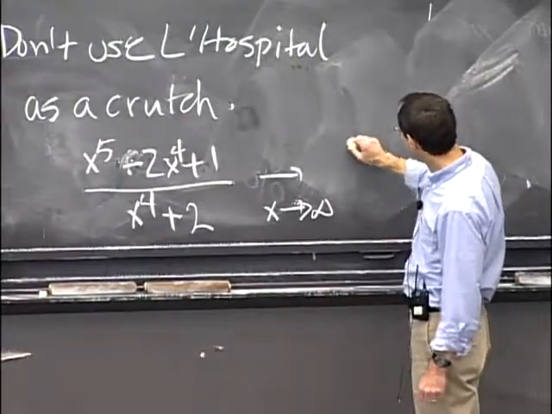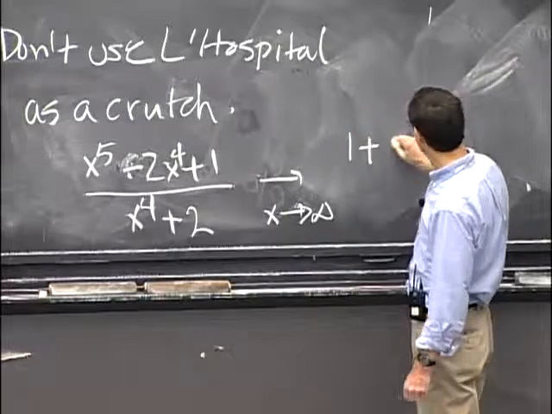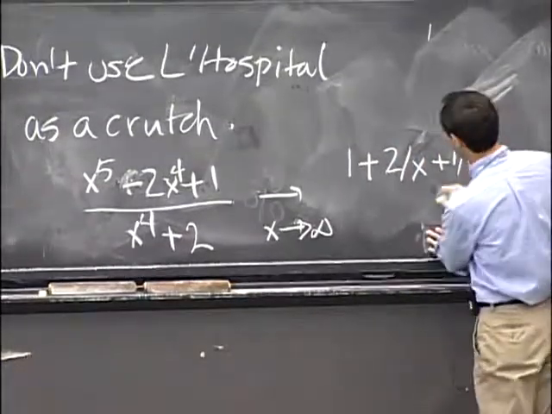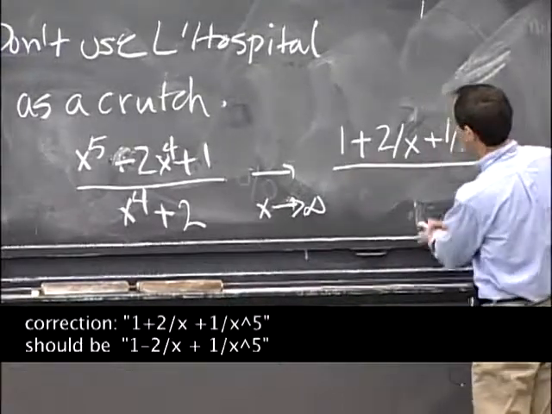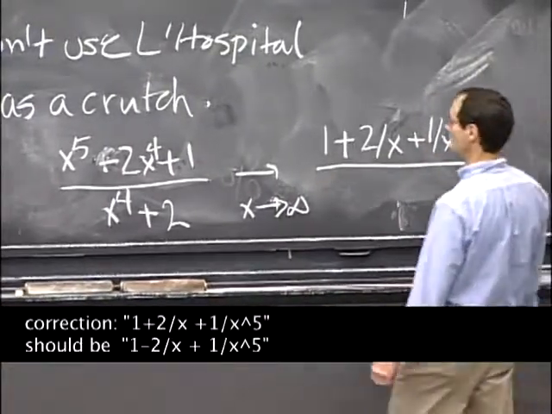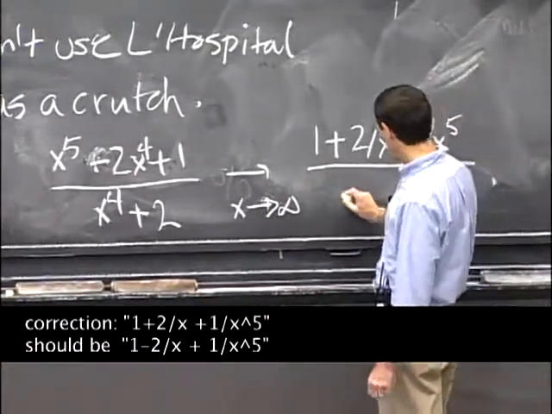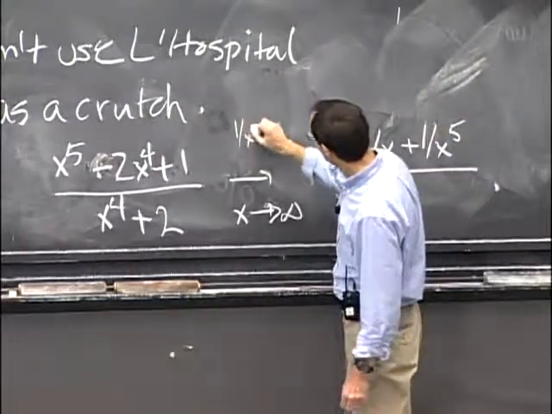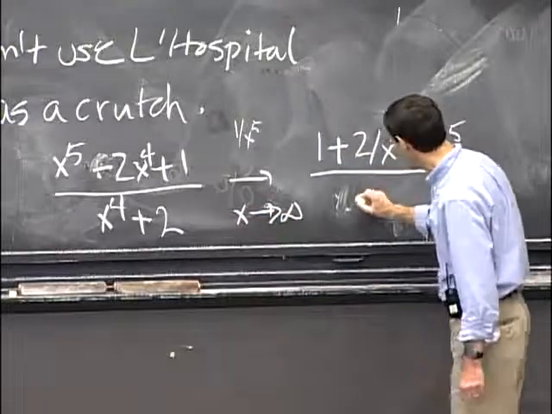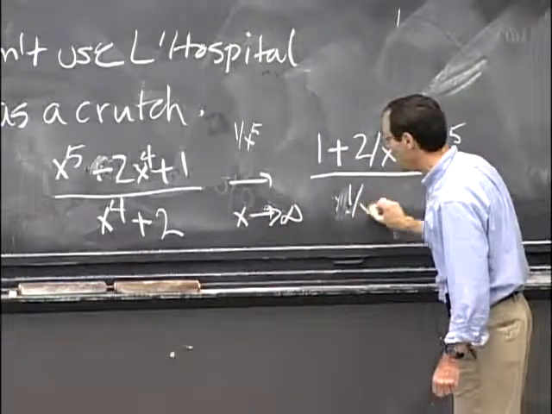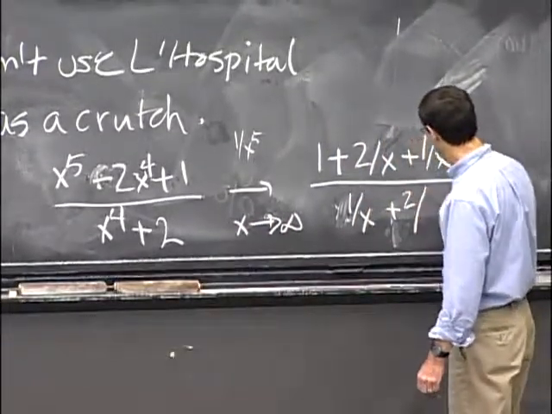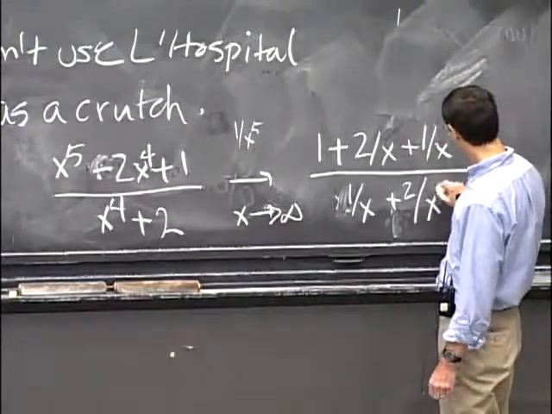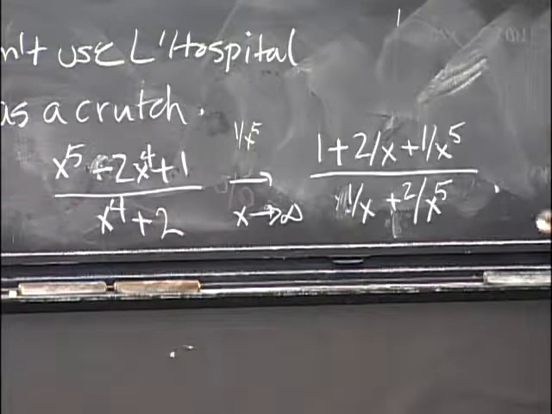Namely, it's the same as 1 plus 2 over x plus 1 over x to the 5th power. And then in the denominator, it's x, so this would be dividing by 1 over x to the 5th in both numerator and denominator. And here you have 1 over x plus 2 over x to the 5th here.